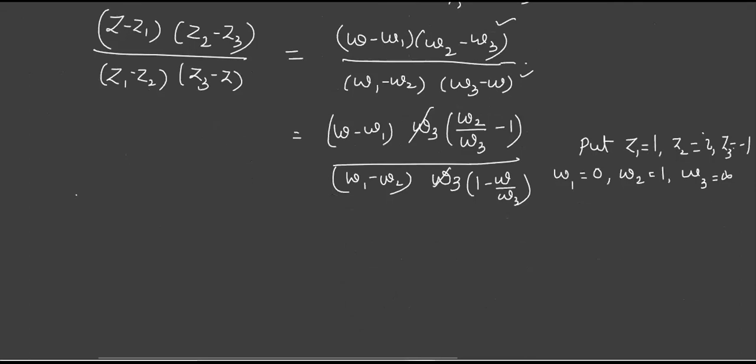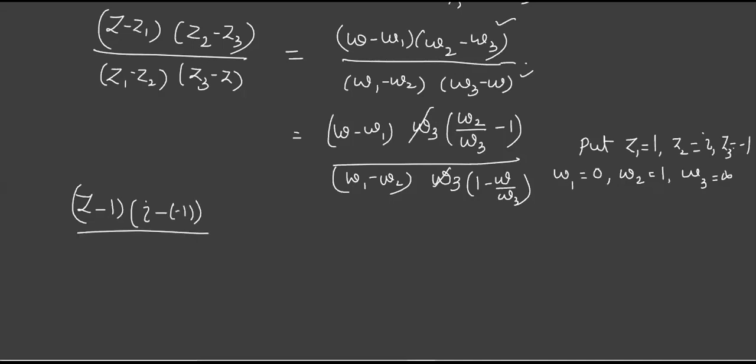So this is Z minus Z1. What is Z1? It is 1. Now we are in substitution. Z2 is I. Z3 is minus 1.